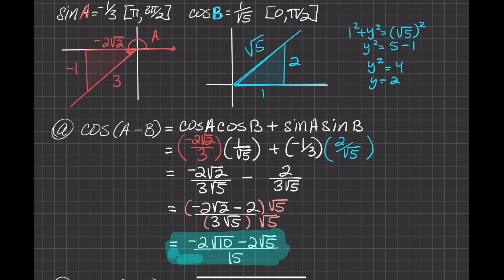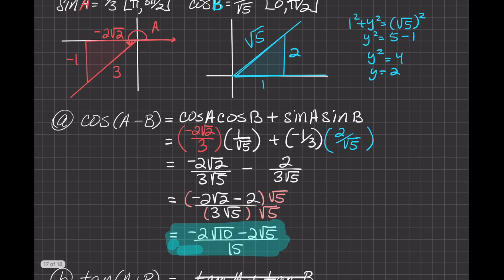We went ahead and drew those reference triangles and the angles in the appropriate quadrants for the given information. So now we can just look at those pictures and grab the information that we need.